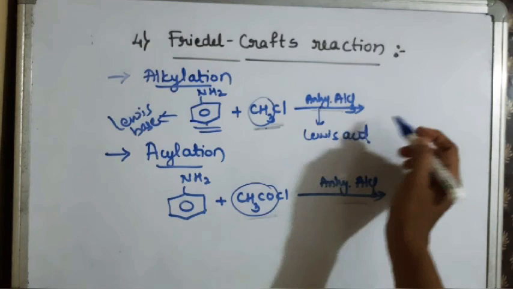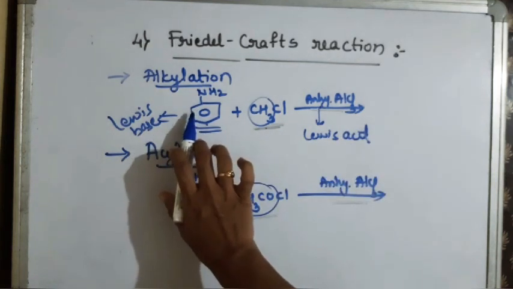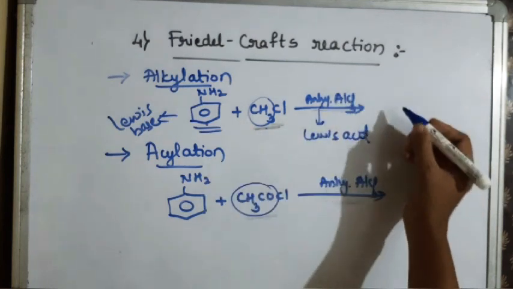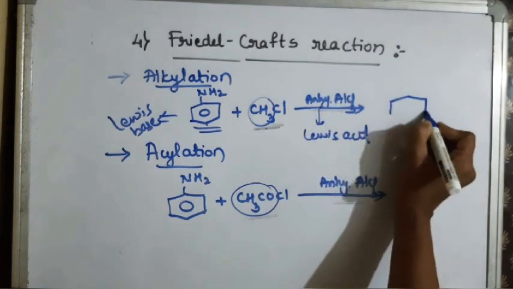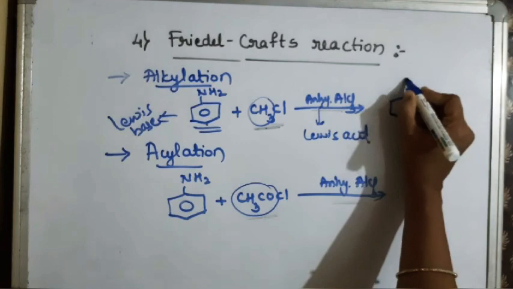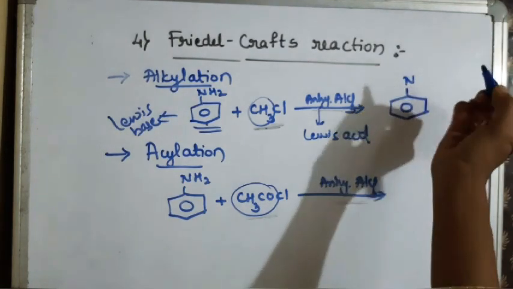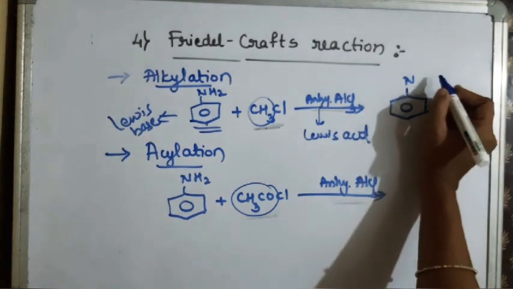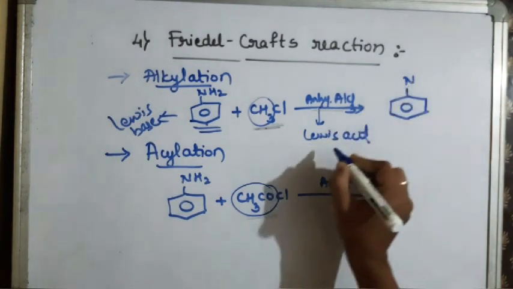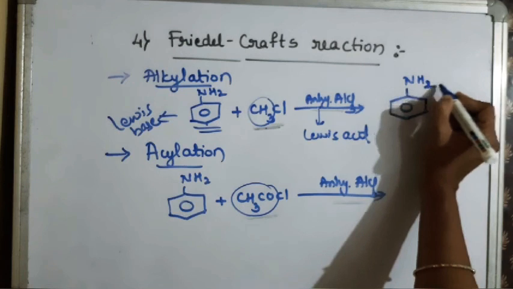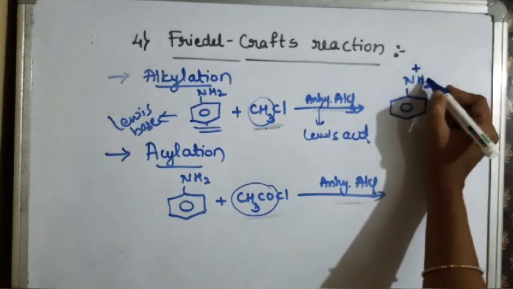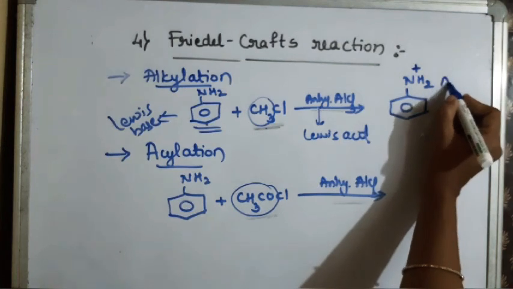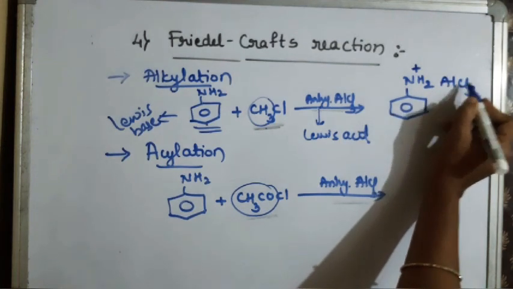We are getting a complex formed by the combination of this Lewis base aniline and the Lewis acid aluminium chloride in this manner. As nitrogen has a lone pair of electrons, it acts as a Lewis base. It gives those electrons to the aluminium chloride, which accepts a lone pair, and as nitrogen loses them, it gets a positive charge, NH2+, and there is a formation of AlCl3−.